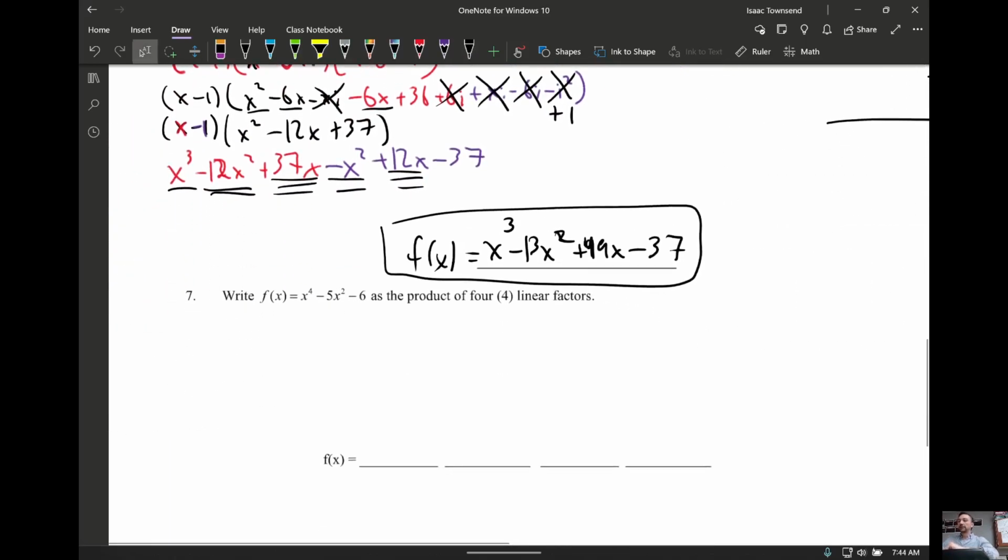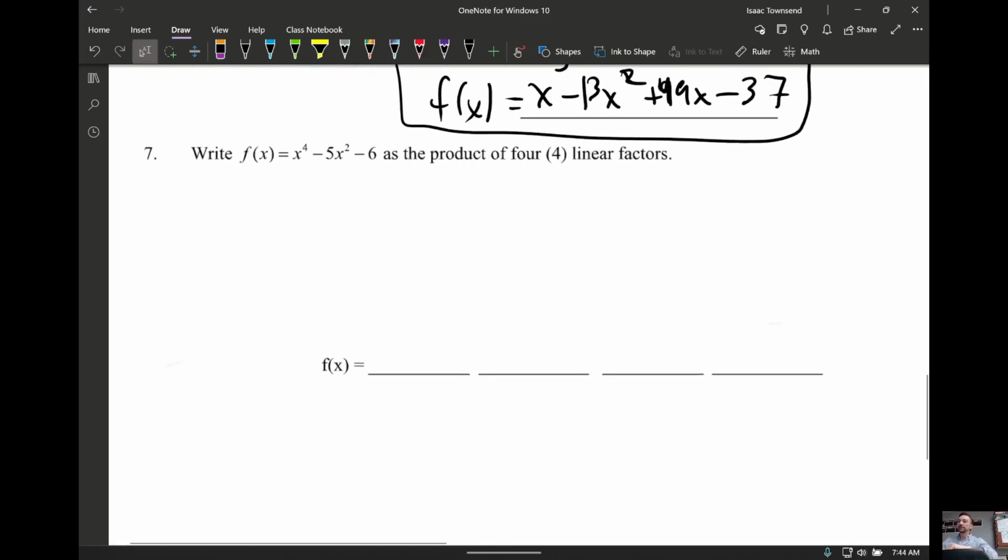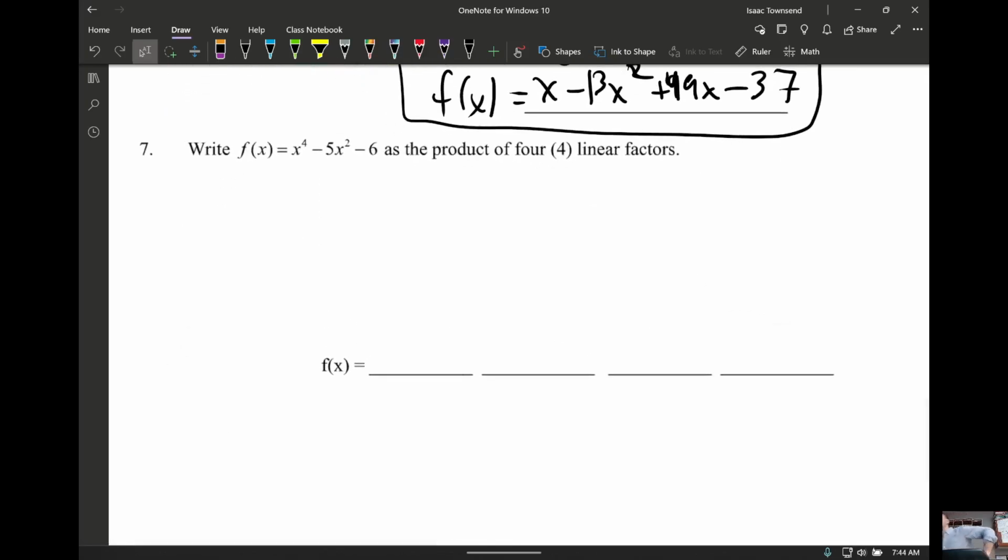All right, and then finally, the last one is not any different other than maybe the directions here. So when it says product, what does product mean? Product means multiplication.